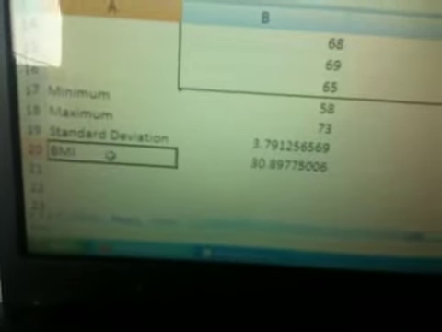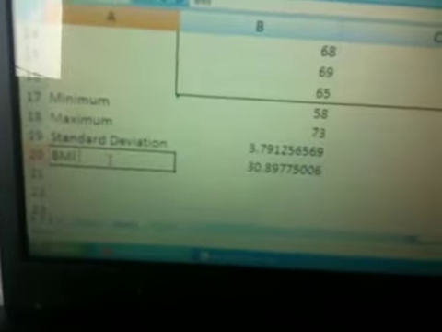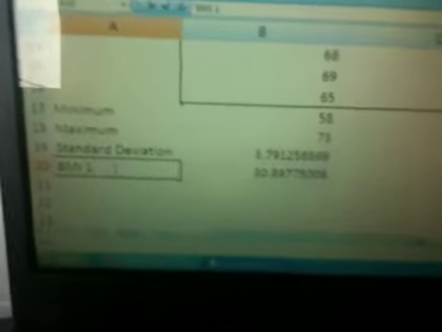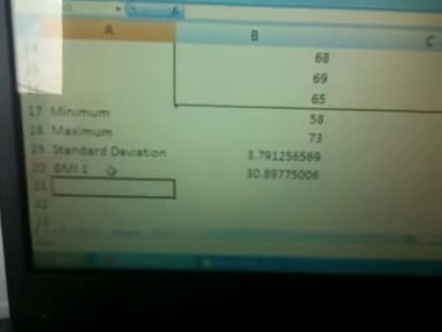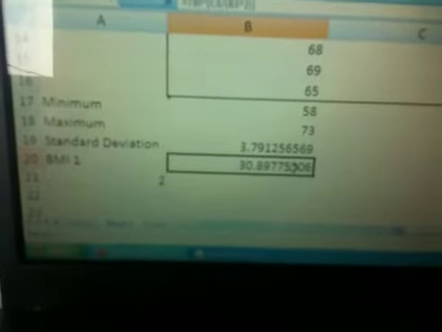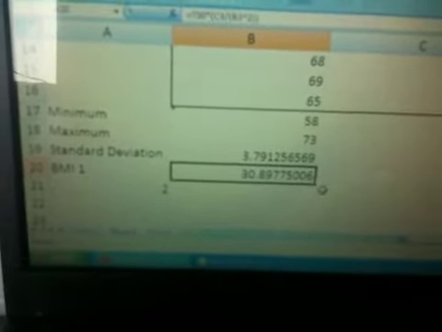Now the cool thing with Excel is, this is BMI for person 1, but what about the BMI for person 2? Excel just fills it in for you. See how I'm going here?